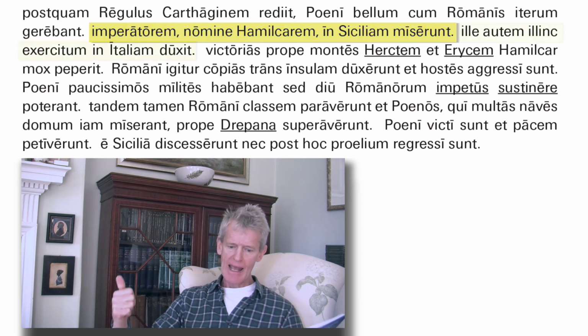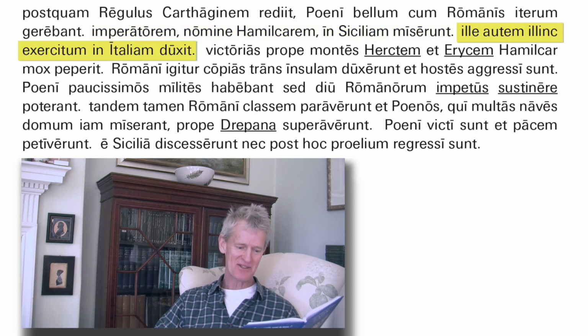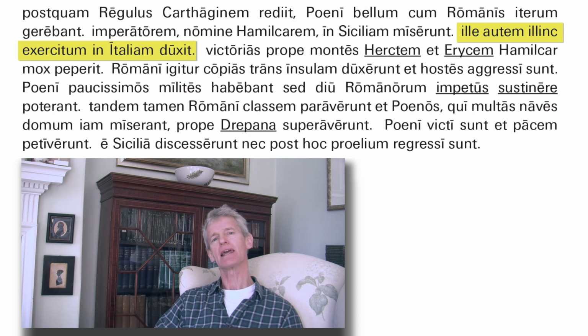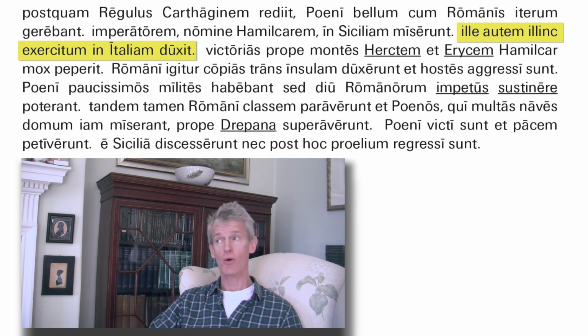Okay. Ille autem illinc exercitum in Italiam duxit. Right. Ille autem. Now remember, autem is this sort of joining word. It doesn't really necessarily mean anything at all. It kind of means moreover, or occasionally, however, but more often than not, in English, it doesn't mean anything at all.